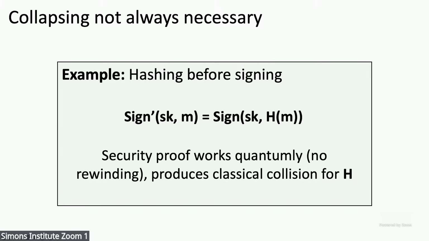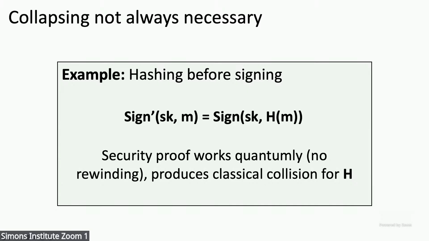If you run through the classical security proof, based on the existential unforgeability of the signature and the collision resistance of the hash, everything just works. So collapsing comes up in the context of rewinding. I'm not sure if there's any other regime where it's necessary, but sometimes you don't need it.